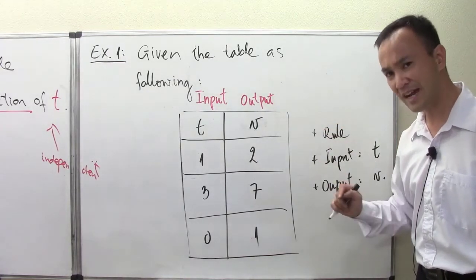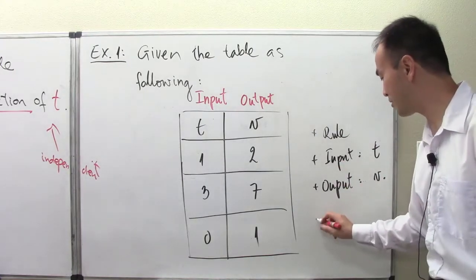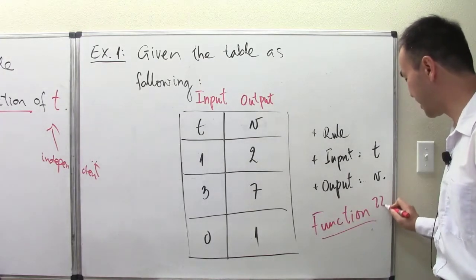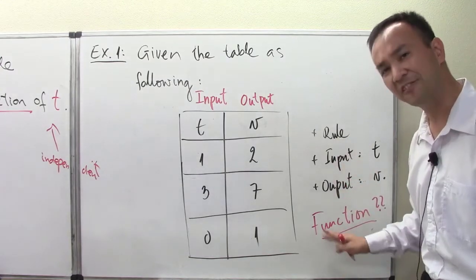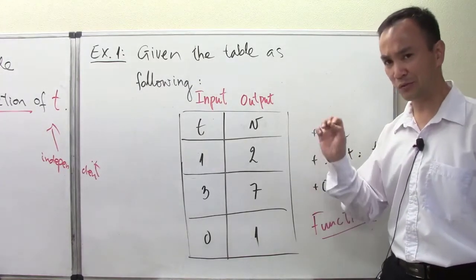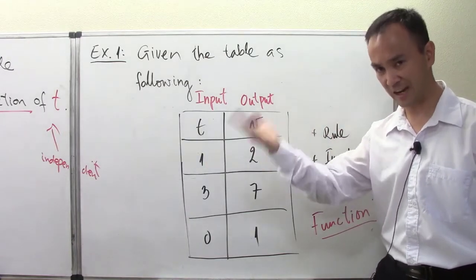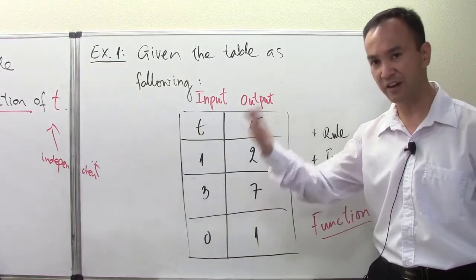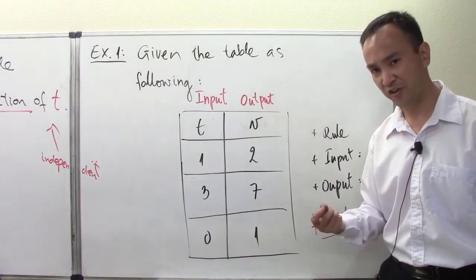But will that be a function? That's the part making it a challenge, and that's the part where we are learning to reason and decide: can that be a function? Can this rule, together with this input and output, be a function? At this point we have to roll back to the definition of a function that I delivered in that earlier lesson, and that's why this video lecture is usually the very next one after you have learned how I introduced a function and function notation.